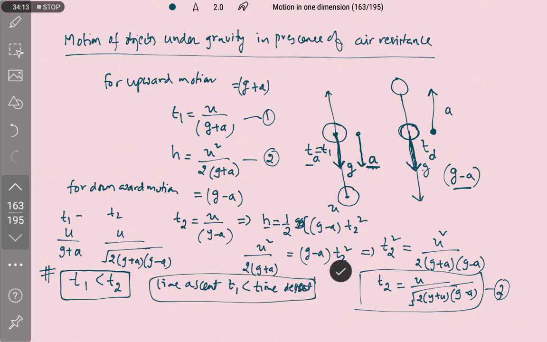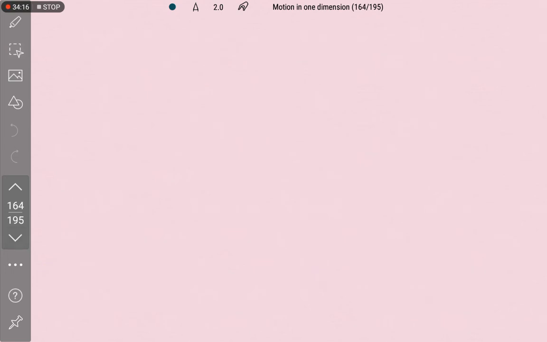Right. Now let us take one more application here. An elevator or a lift. An elevator is accelerating upwards with a, and a man who is in the elevator is throwing a ball vertically upwards.